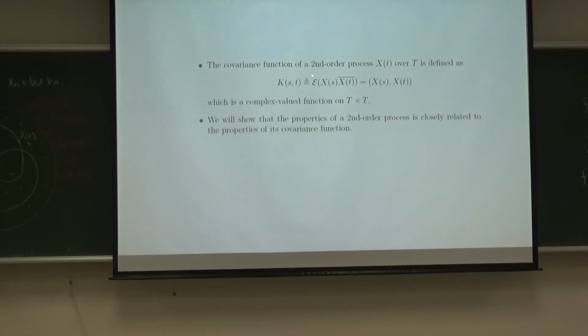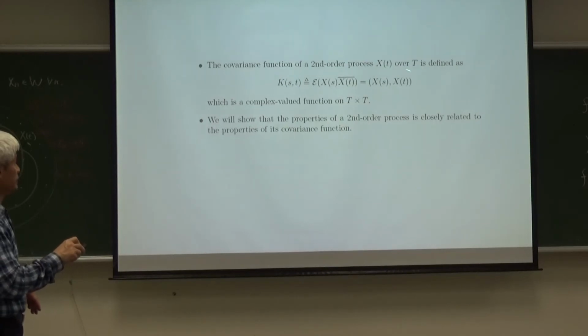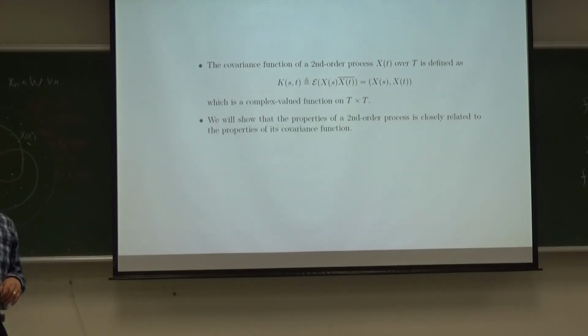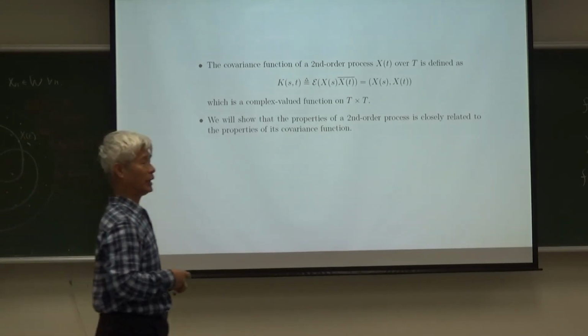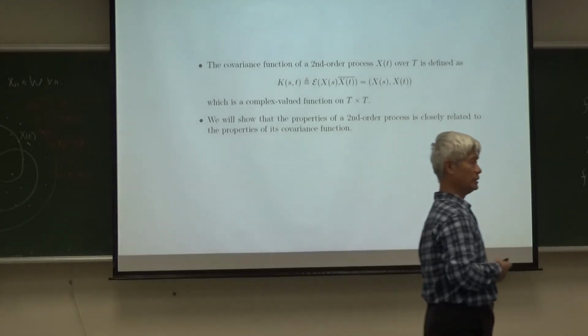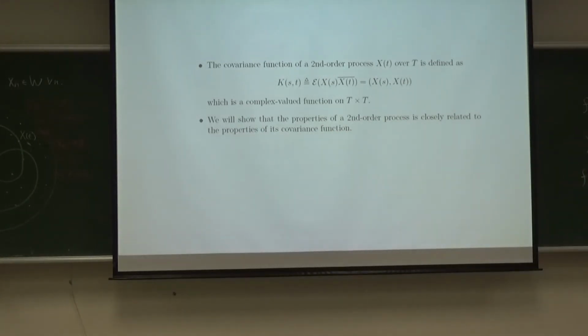So the covariance function records the geometric properties of the second order process because it gives us all the inner products. The geometry of a curve, as we know, comes from the inner product. So the covariance function is very important in the study of second order processes because it records these inner products.